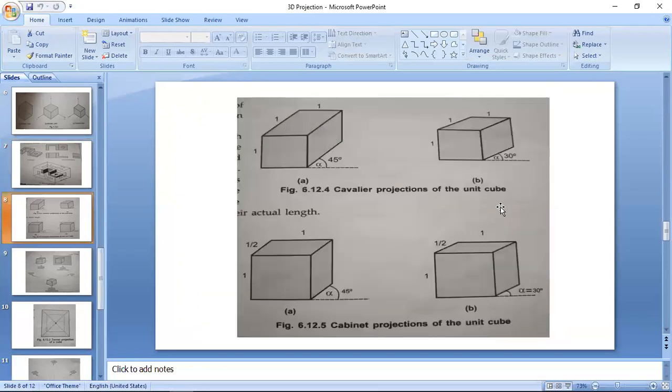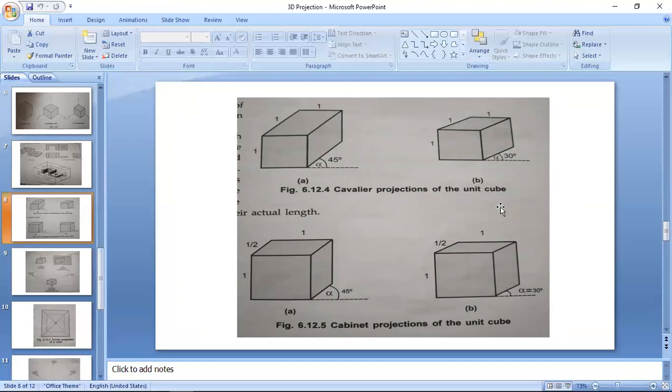The next type of parallel projection is the oblique parallel projection, which is again classified into two types, that is Cavalier projection and the cabinet projection.